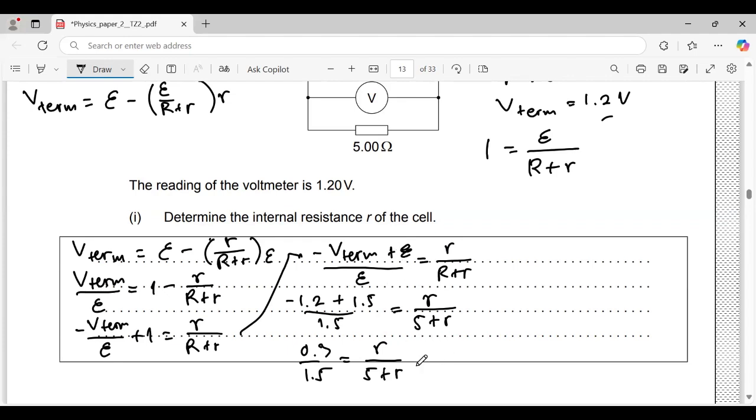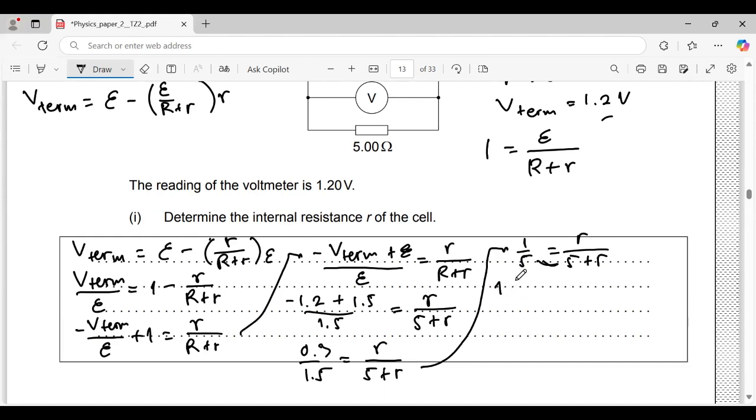So this 0.3 over 1.5 is 1 over 5, equals r over 5 plus r. Now multiply this out.